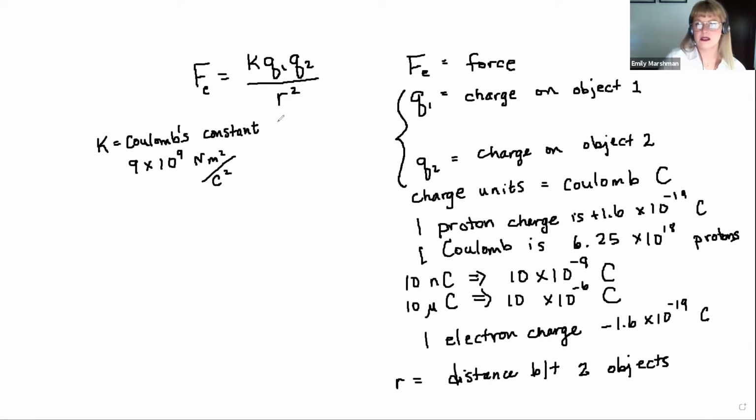If you have two charges that are opposite sign, you don't actually have to put the sign of the charges in. So if you have something that was 10 coulombs and then the other charge, Q2, was negative 10 coulombs, you know that that's going to be an attractive force.